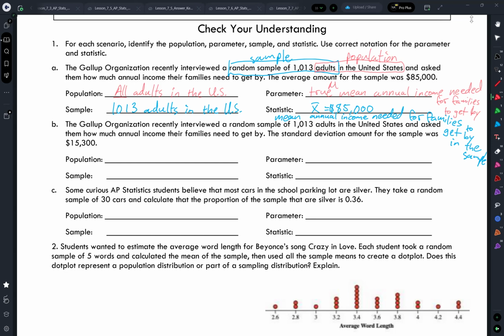Okay, so part B. The Gallup organization recently interviewed a random sample of 1,013 adults in the United States and asked them how much annual income their families needed to get by. The standard deviation amount was 15,300. Okay, so same sample, same population.